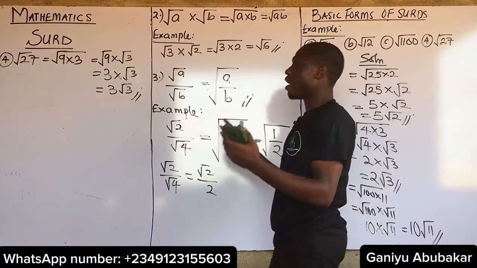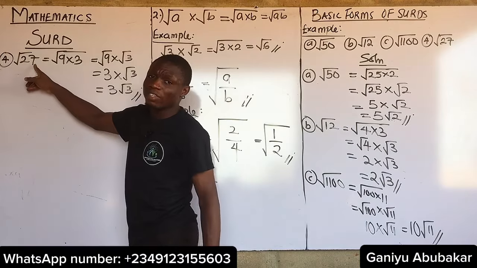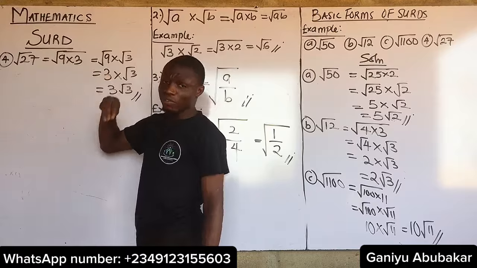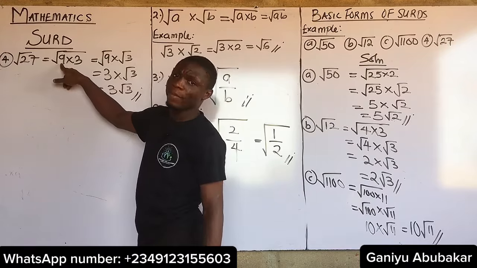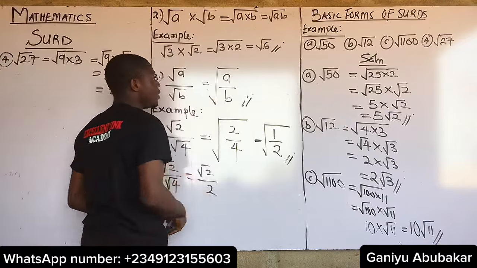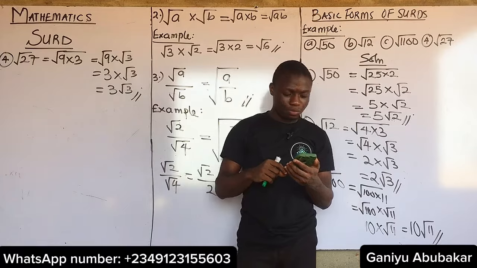Look for a perfect square number that you can get from that given surd. 27 now. I know very well that 9 times 3 will give 27. So 9 is a perfect square, so that root 9 becomes 3. So that's the idea behind basic form of surd.